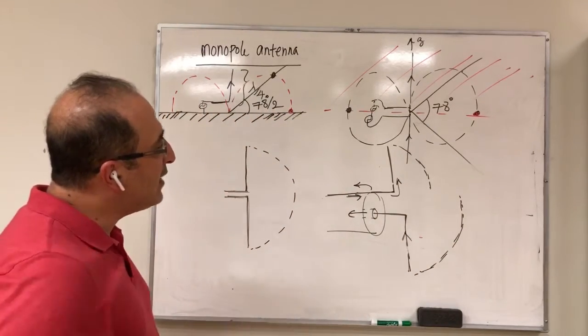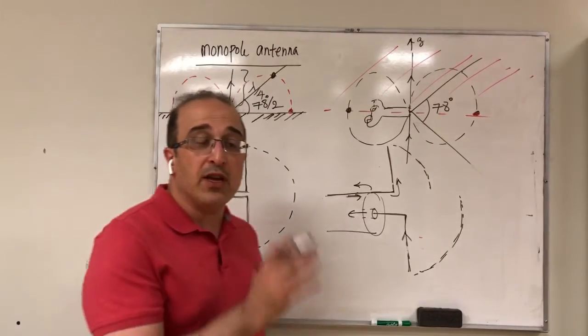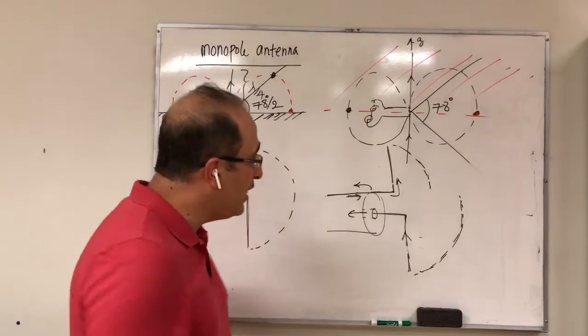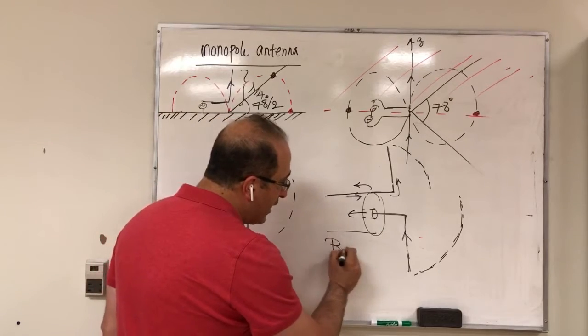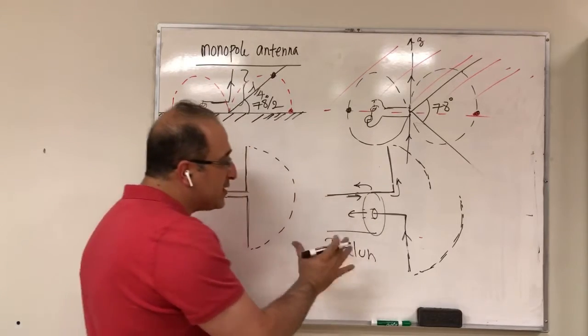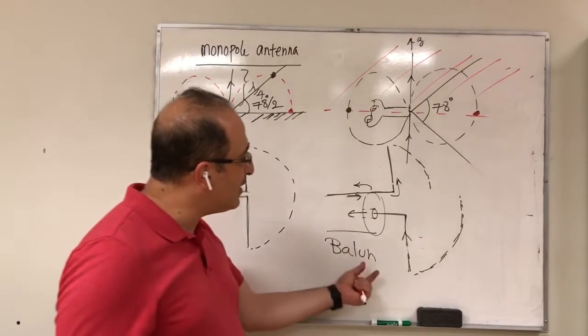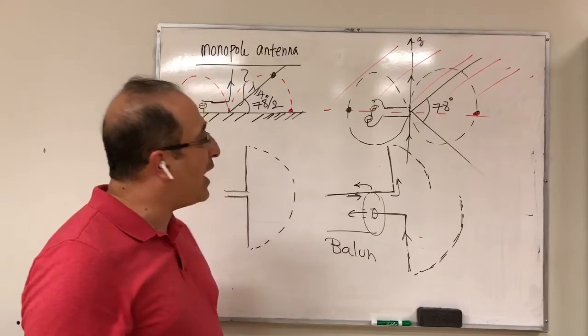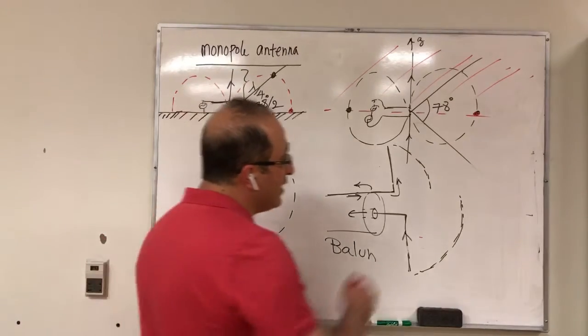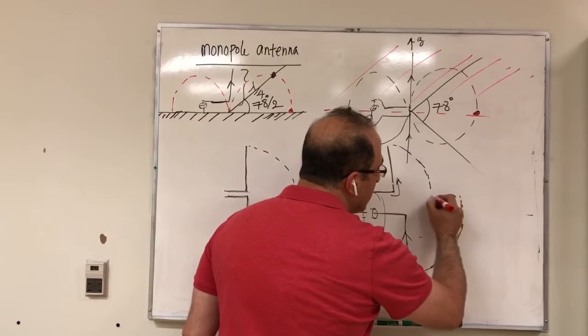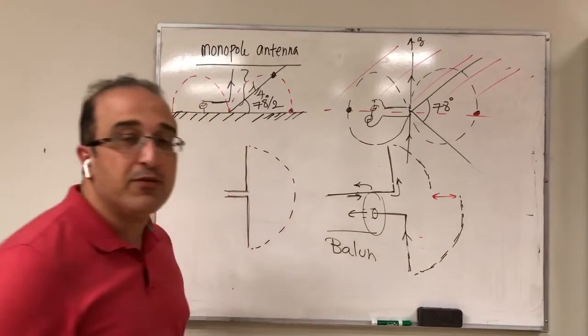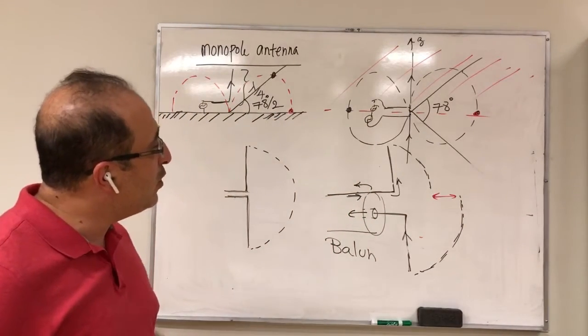Now, in the course note, we're going to talk about methods to fix this issue, and those methods are called baluns. These are systems that change the unbalanced system to a balanced system. So then you can fix this issue of a discrepancy between the levels of current.